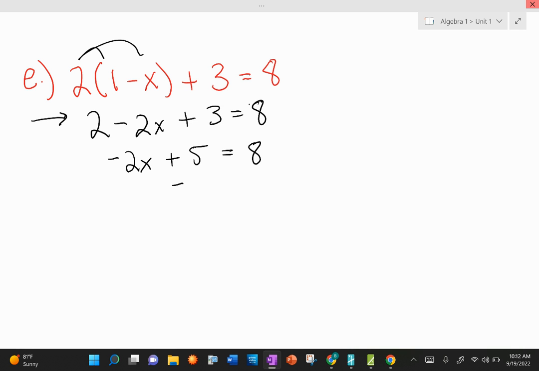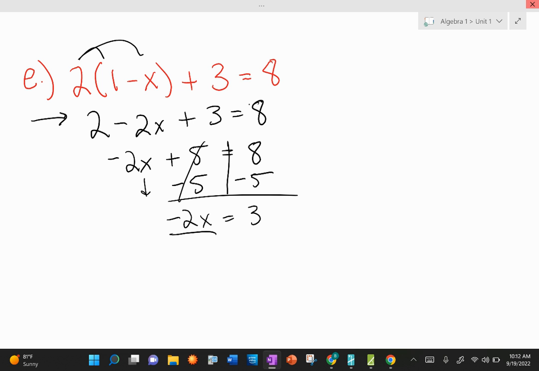Subtract 5. Okay, the 5s will cancel out. Bring down the negative 2x equals 3. And what do we do with negative 2x equals 3?